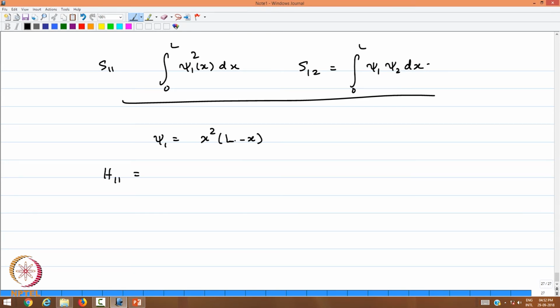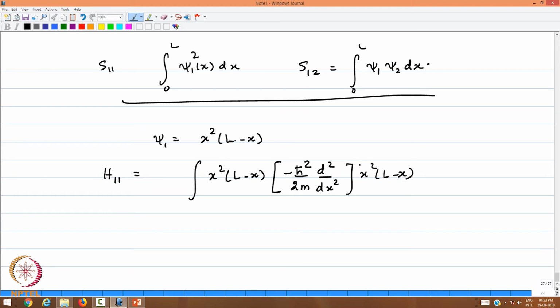H11 is nothing other than x square into L minus x times the Hamiltonian for the particle in a box, which is minus h bar square by 2m d square by dx square, acting on the function x square into L minus x, dx between 0 to L. This is H11.